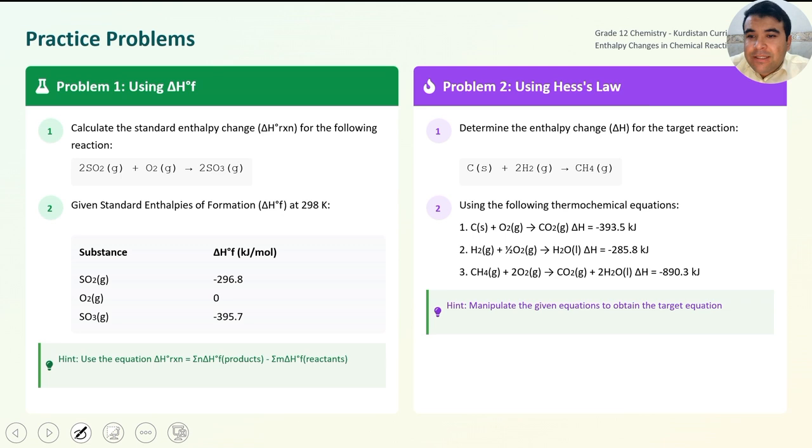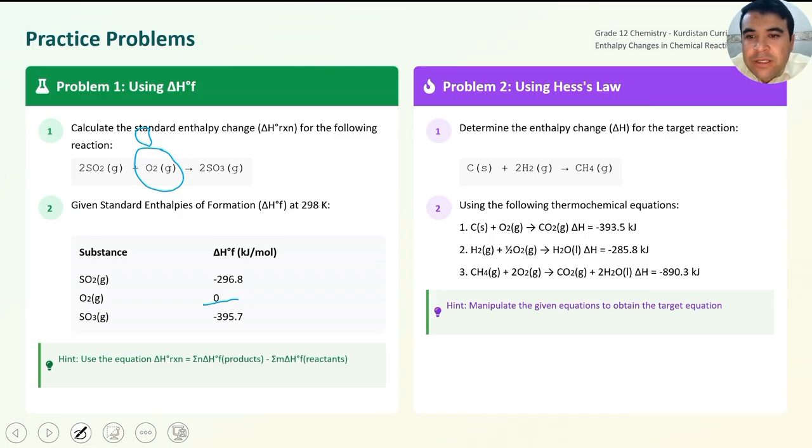Guys, let us solve this question by using delta HF, and then the other equation by using Hess's law. Here we have oxygen, which is 0. You should know that 0 is given.